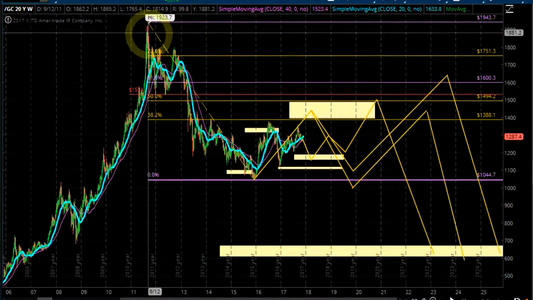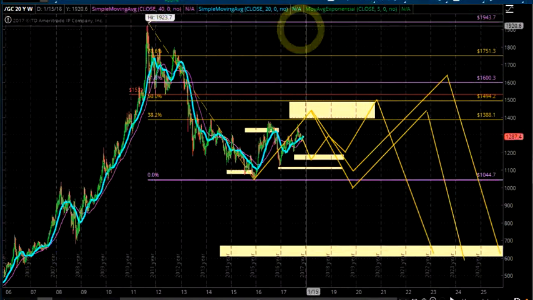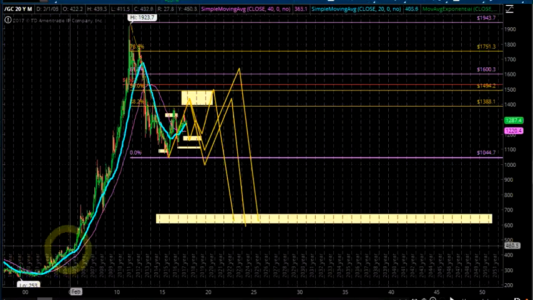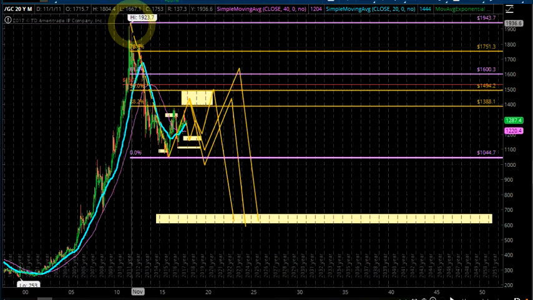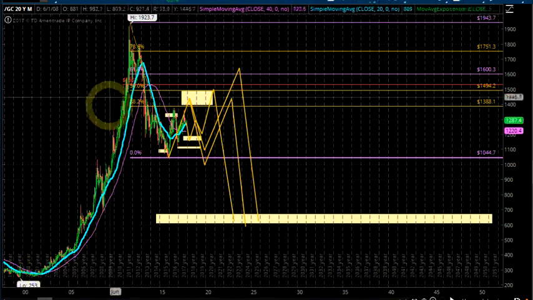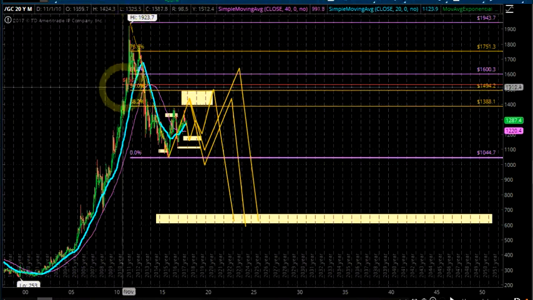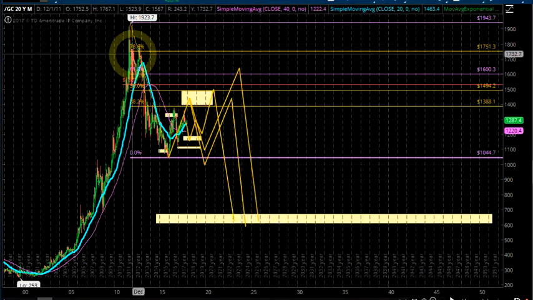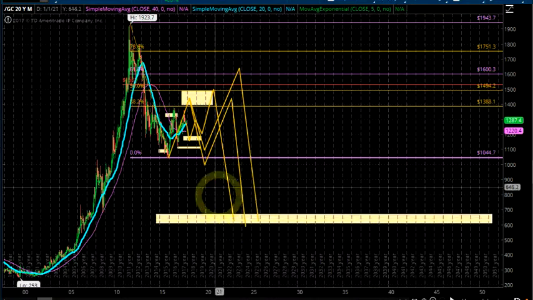suffice it to say, here's what we do know. Let me approach it this way. This appears to be the first wave in a new bull market. And we know that after the first wave in a new bull market, we have some sort of correction, some sort of wave two here.